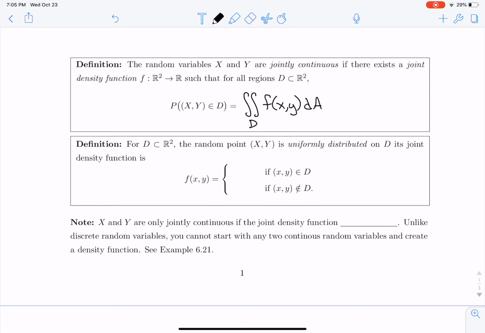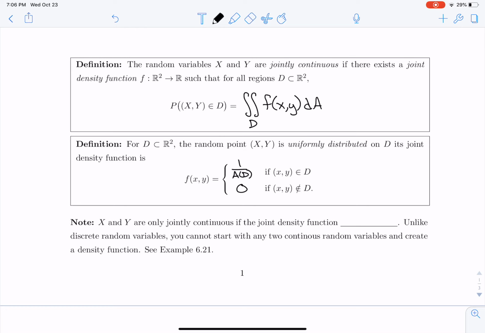Now, if we're going to look at a region D in R2, and the random point xy being uniformly distributed on D, then its joint density function is going to be 1 over the area of that region D, if x and y is in that region D, and 0 otherwise.